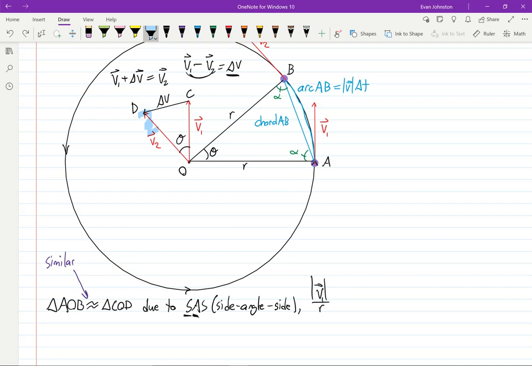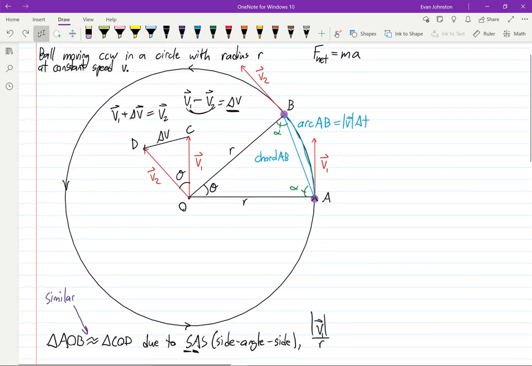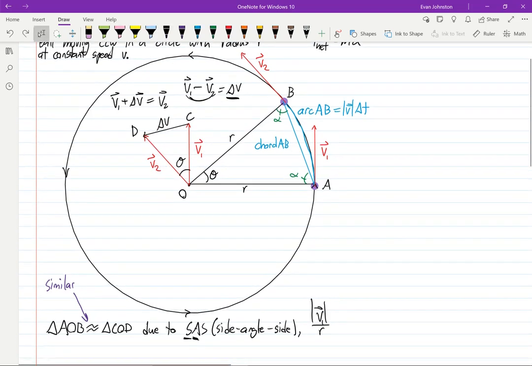So that's V2 over R here. But since the ball's going at a constant speed, the size of these velocities are the same. So we can write that the size of V1 over R is equal to the size of V2 over R, okay?